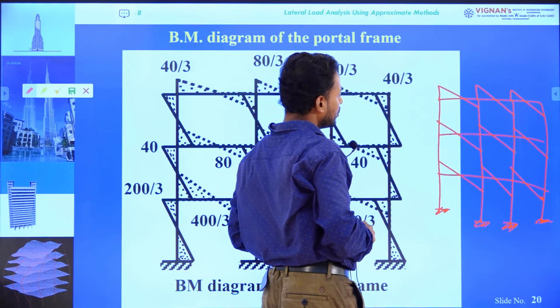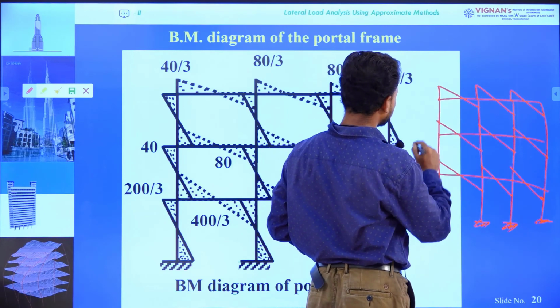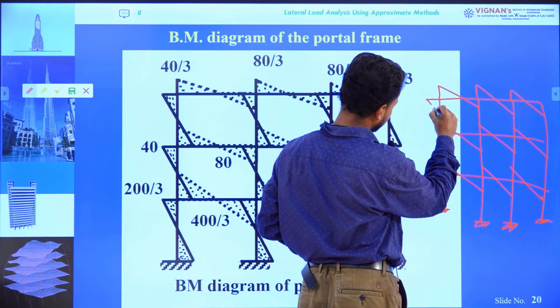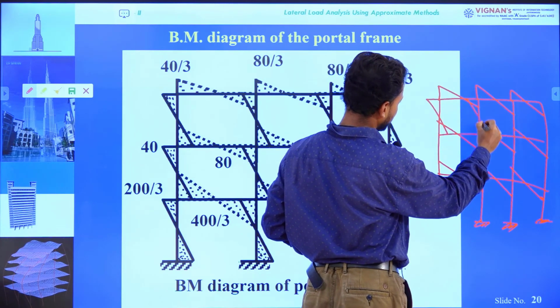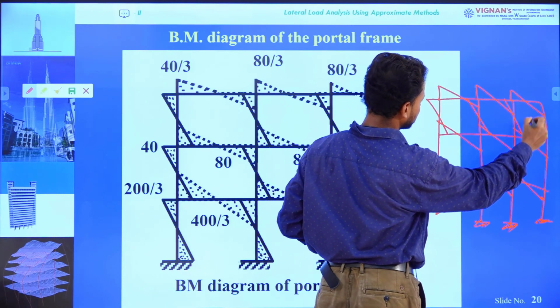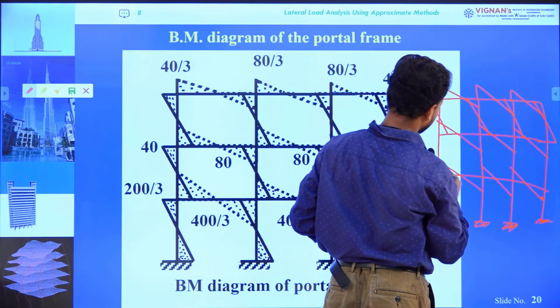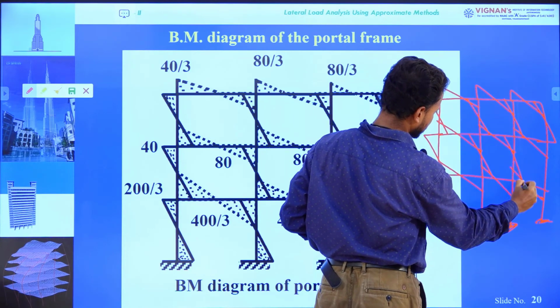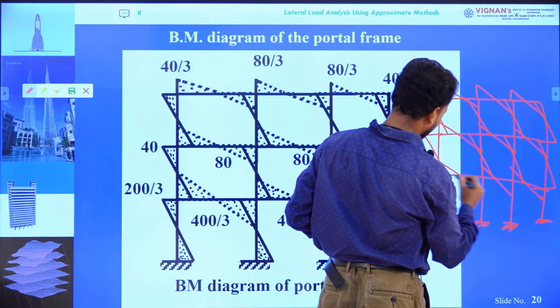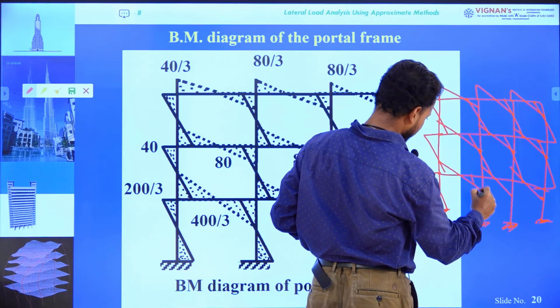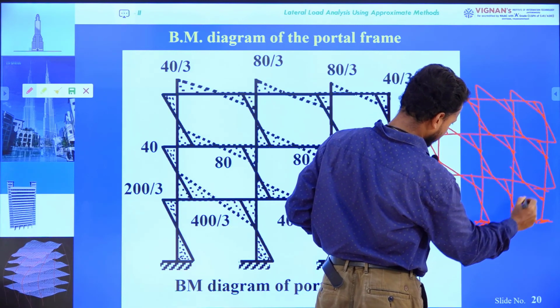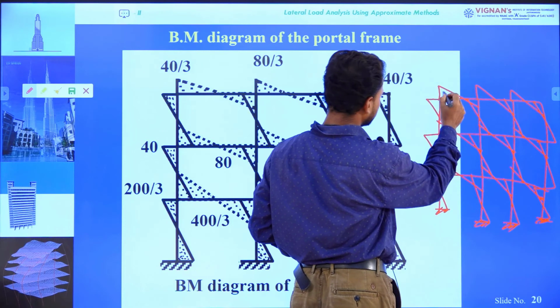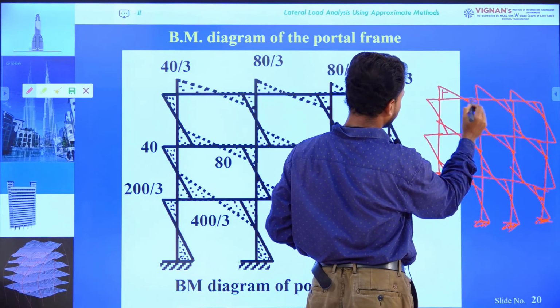Now how is the column bending moment? It will be like this, like this, like this, like this. So in this way you can draw the column bending moment in this pattern. This is positive and this is negative.